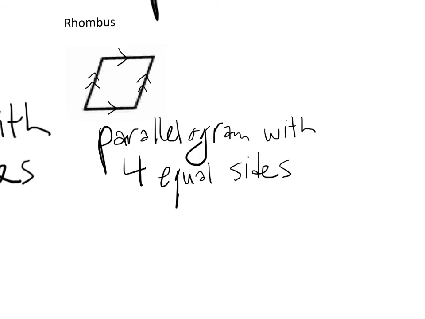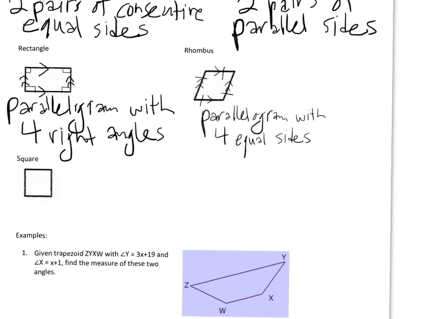And this time we know that there's 4 equal sides. And since these are quadrilaterals and they all have 4 sides, we know all the sides are the same length. So I know that looks like a lot of marks, but we're just showing we have 2 pairs of parallel sides and that we have 4 equal side lengths.